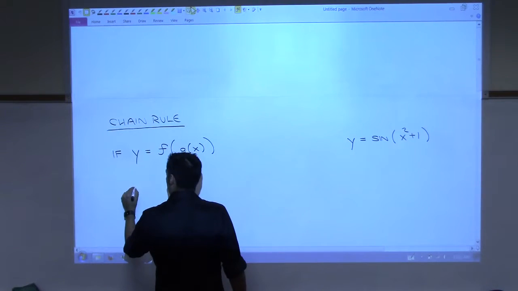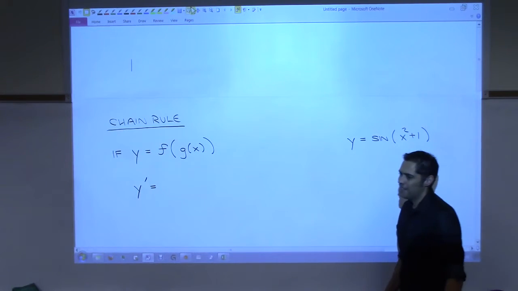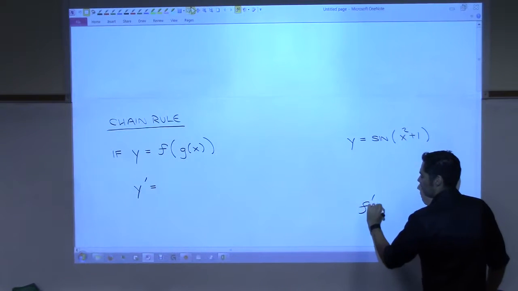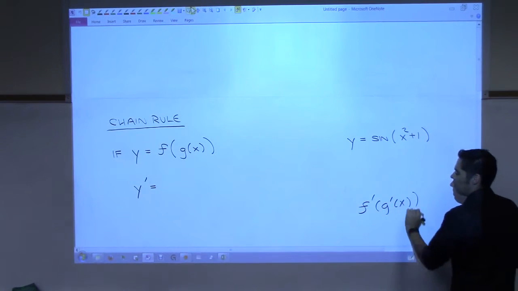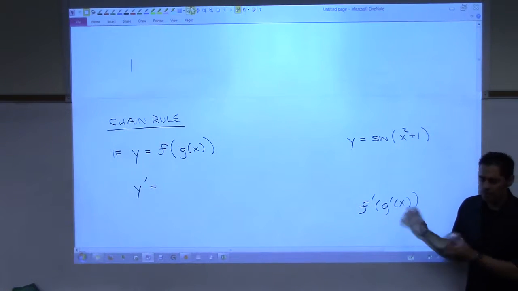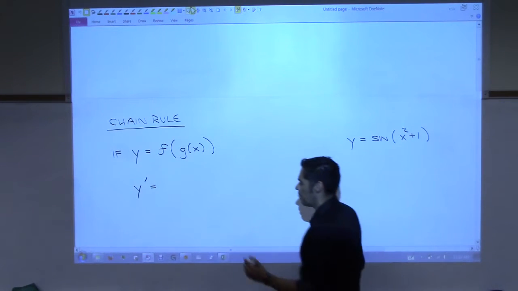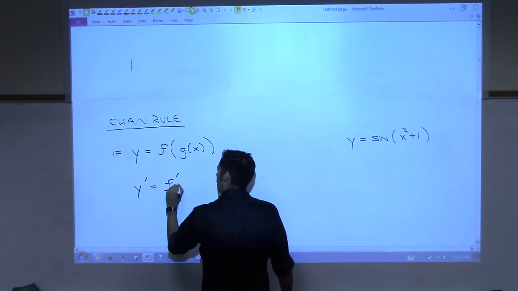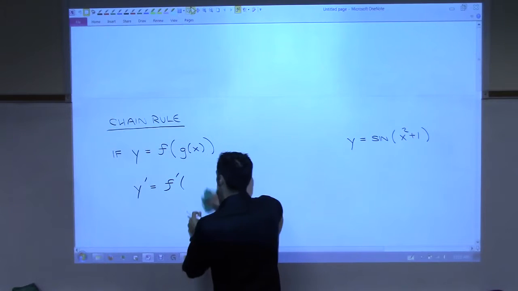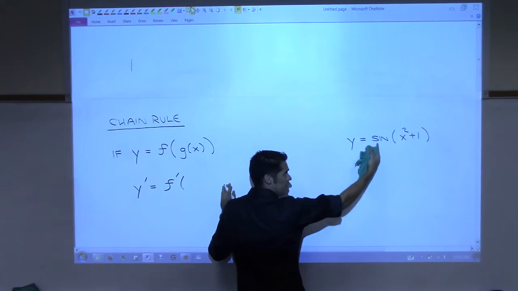Now, the chain rule says if you want to know the derivative of this composition, it is not what you would hope it is. You might hope that you just take the derivative of each one and that's it. But that's not what happens. With the chain rule, you take the derivative of the outer function first, which in this case is the derivative of the sine function.